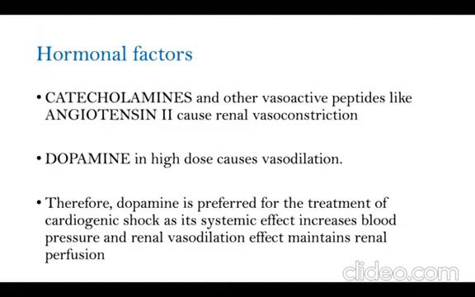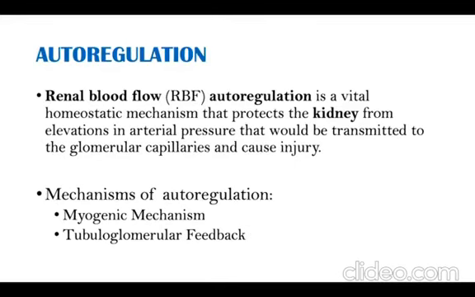Therefore, dopamine is preferred for the treatment of cardiogenic shock, as its systemic effect increases blood pressure and its renal vasodilation effect maintains renal perfusion. So hormonal factors also contribute to renal blood flow regulation.